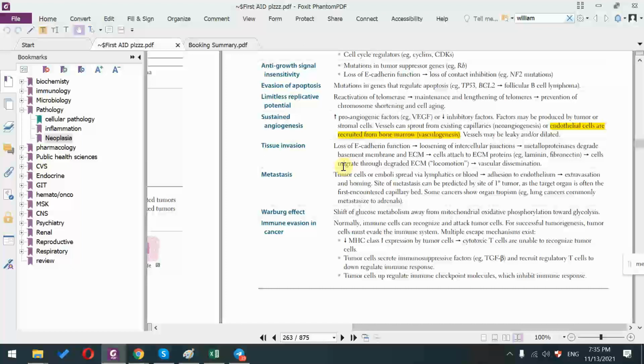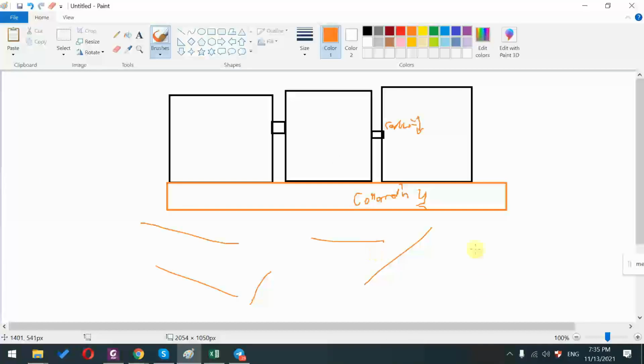And they will have this movement from the tissue into the extracellular matrix, which is this area. Let's imagine we have a tumor cell here. She wants to go inside the extracellular matrix.